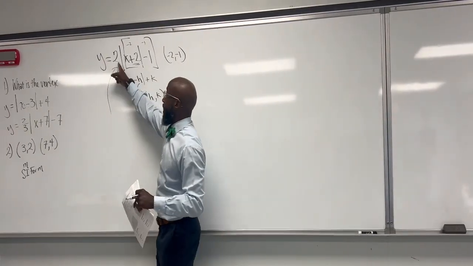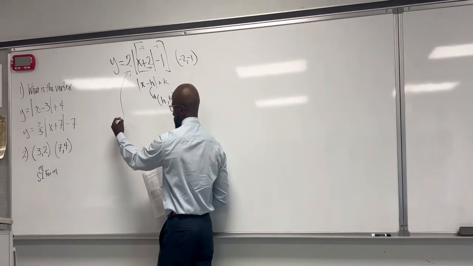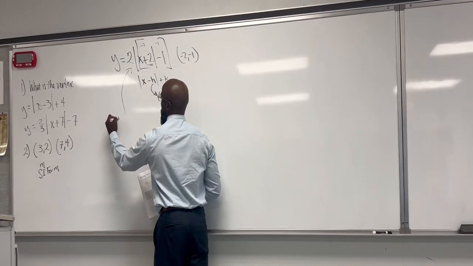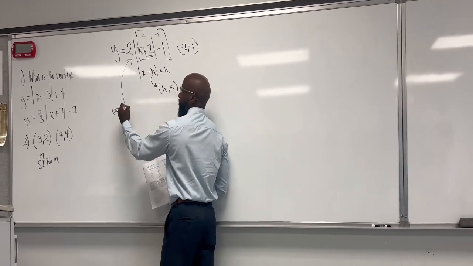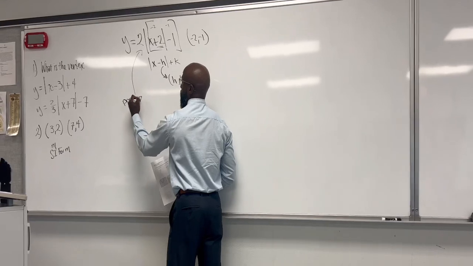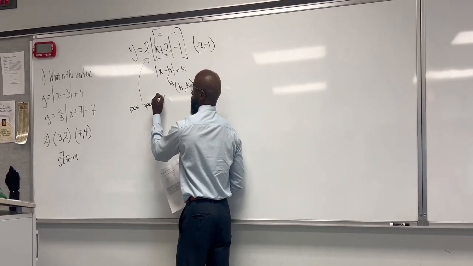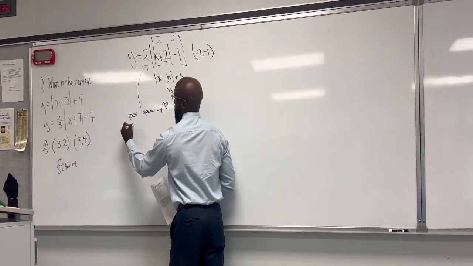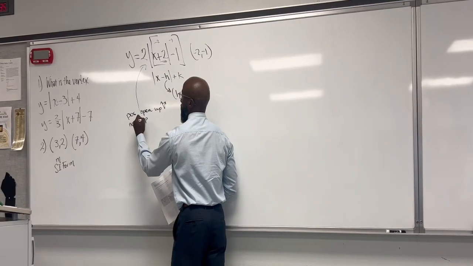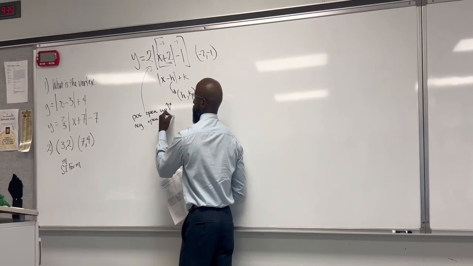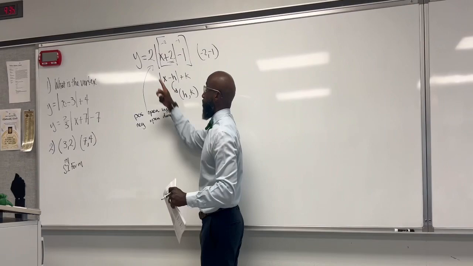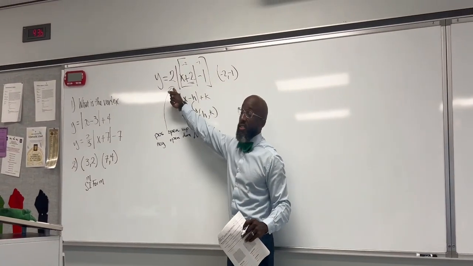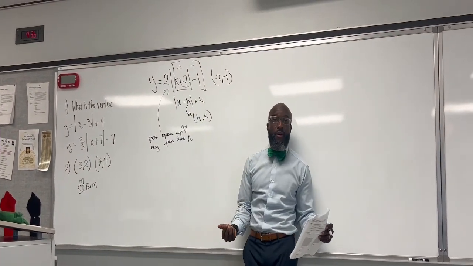If it's positive, the absolute value is going to open up, so it's going to look like this. If it's negative, it's going to open down, so it's going to look like that, right? Essentially, this number here is the slope from our vertex.